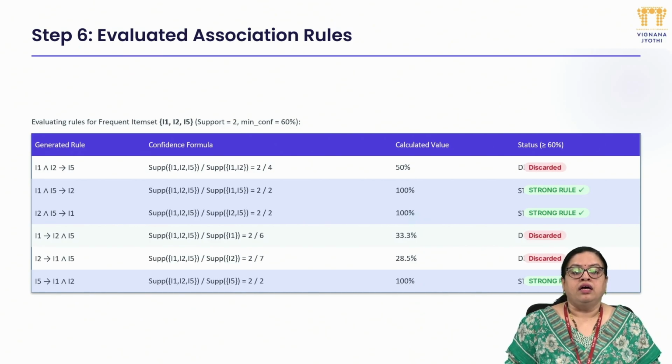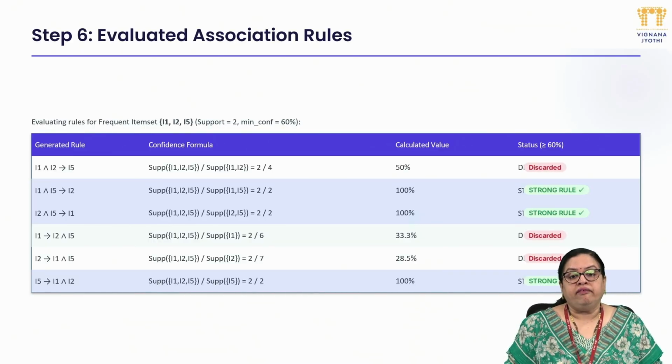So we are taking the support of 1, 5, 2 divided by the support of 2 and 5, which is another A we are taking. Either it is A tends to B or B tends to A. So 2 divided by 2, which is also a strong rule.